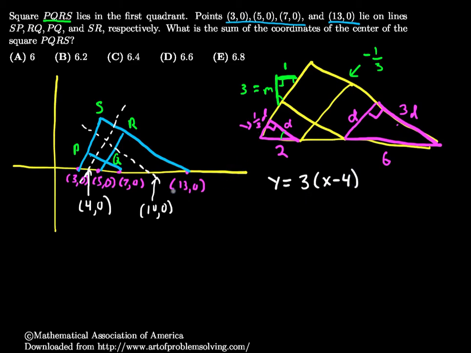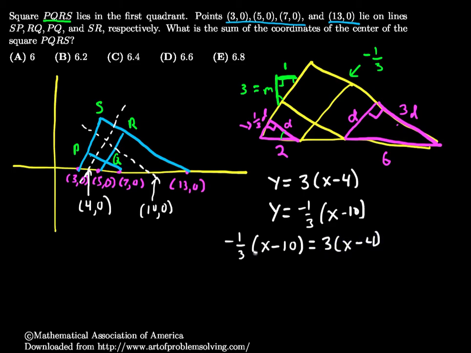The equation of the line going through (10, 0) is going to be y equals negative 1/3 (x minus 10) plus 0. And I'm going to just do a little system, so I'm going to set these two equal to each other. So I have negative 1/3 (x minus 10) is equal to 3(x minus 4).